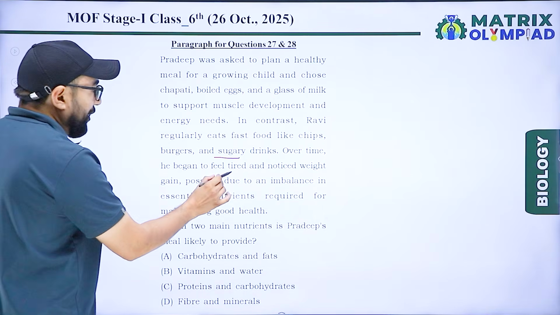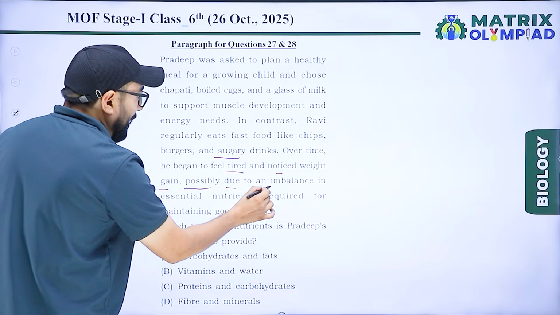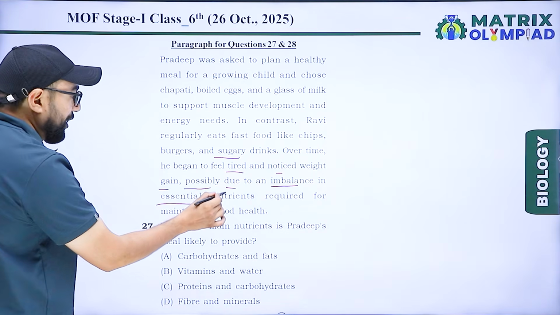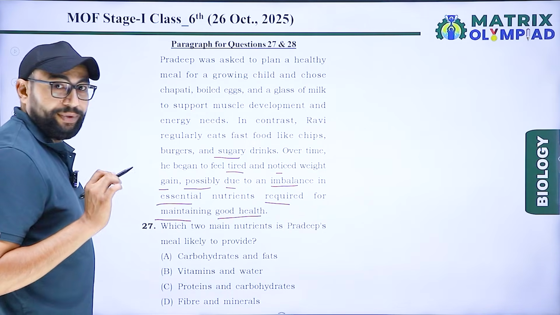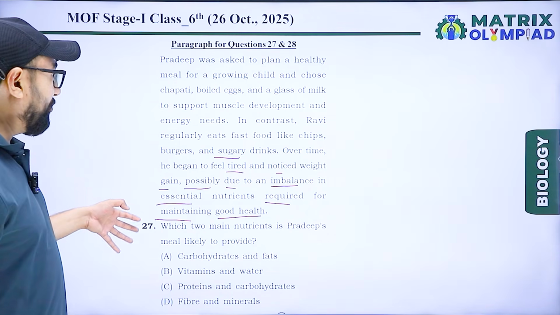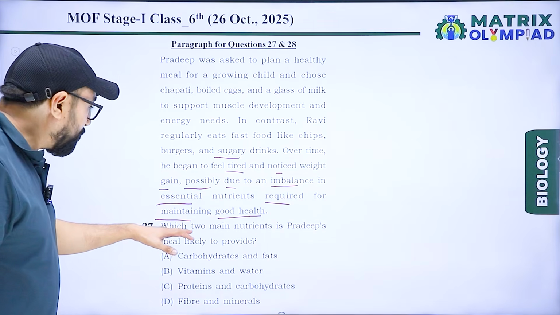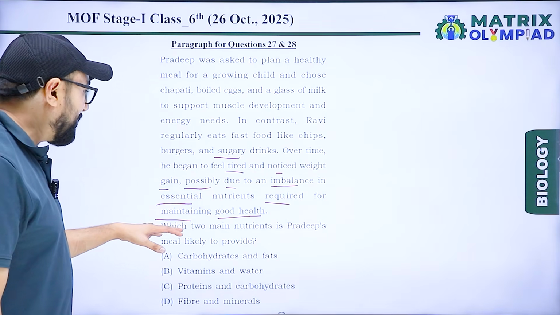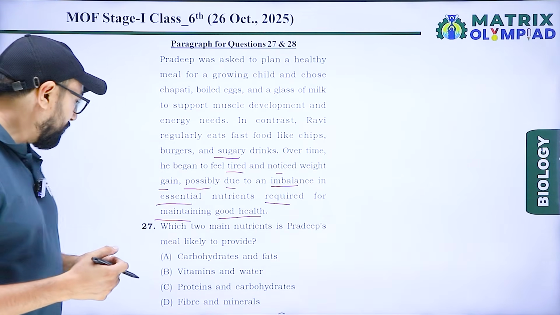Over time, he began to feel tired and noticed weight gain, possibly due to an imbalance in essential nutrients required for maintaining good health. According to this paragraph on healthy and unhealthy food, the question is: which two main nutrients is Pradeep's meal likely to provide?